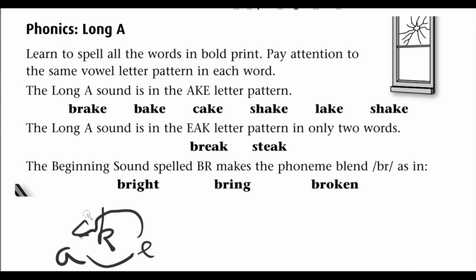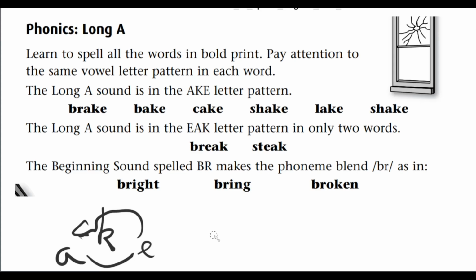So you don't say brakey. You say brake, and you don't hear the E, because the E is yelling A. So that's why it's just a split digraph. That's how you say brake.